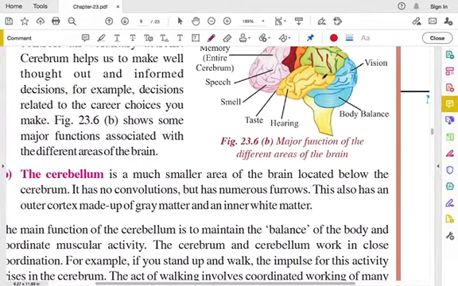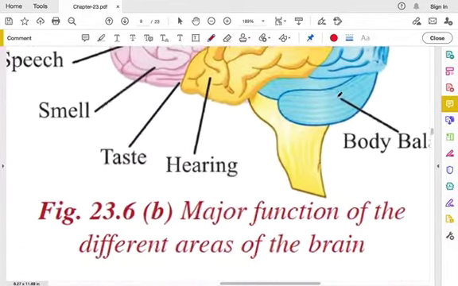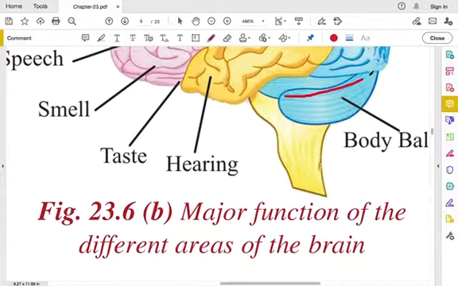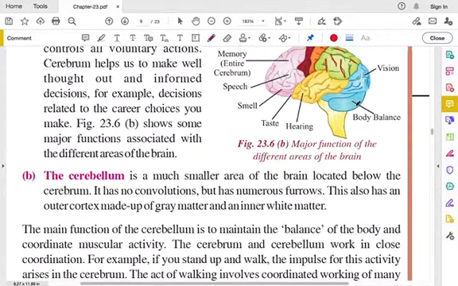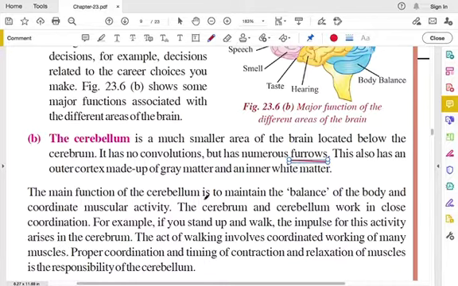The cerebellum does not have that, but it has numerous furrows. The lines you see here are called furrows. It also has an outer cortex made up of gray matter and white matter like the cerebrum.